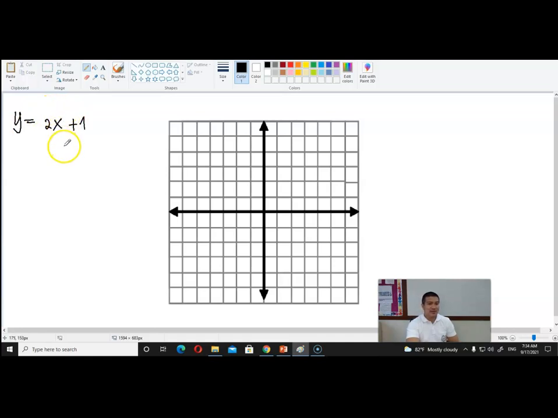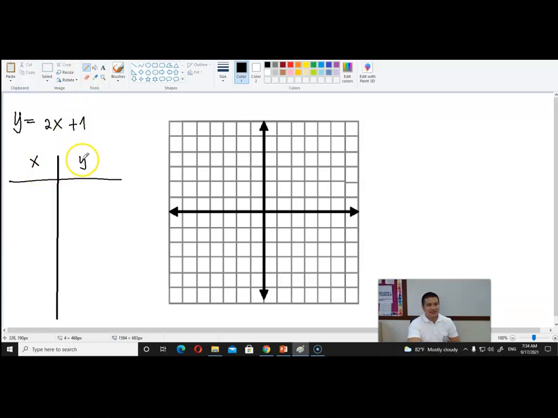So you have to make a table first. The table is like this one. For example, these are the values of x, and this one will be the values of y. So how will we determine now the value of x and the value of y?